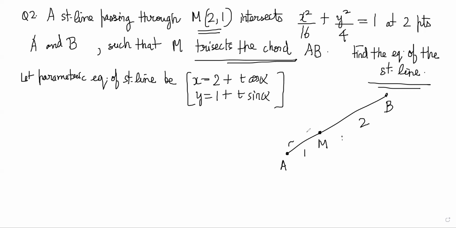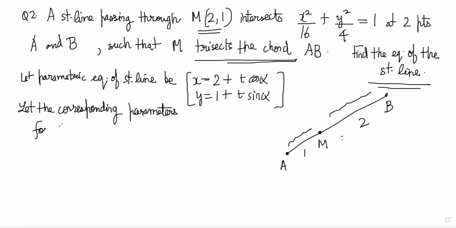This portion is 1 and this portion is 2. So let the corresponding parameters for A and B be T1 and T2.